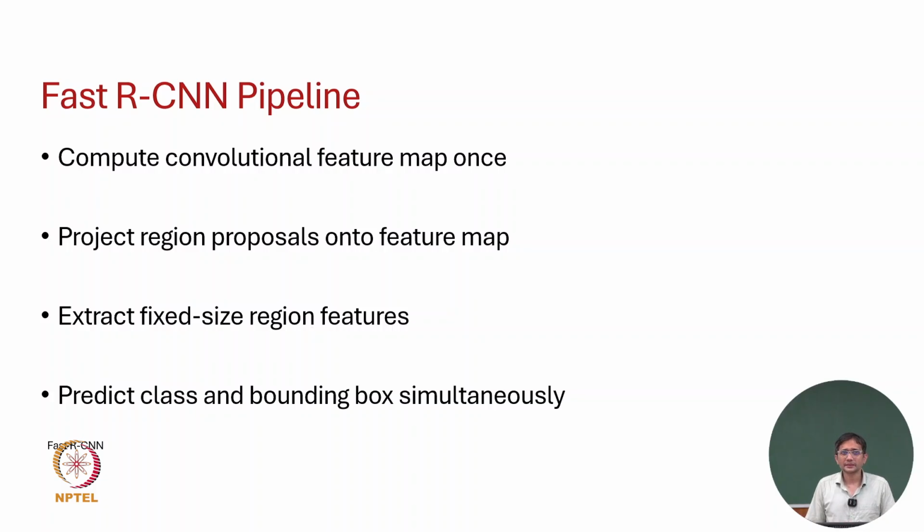We are projecting the region proposals onto the feature map. The region proposals are generated separately using selective search or any other appropriate method, and this is projected onto the feature map. And then we extract fixed size region features. Finally, we predict the class and the bounding box simultaneously.